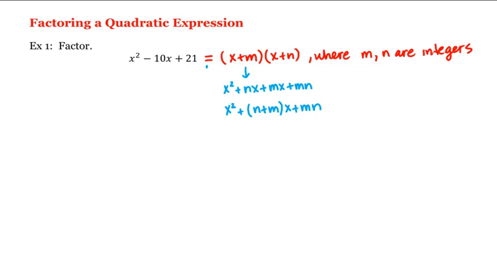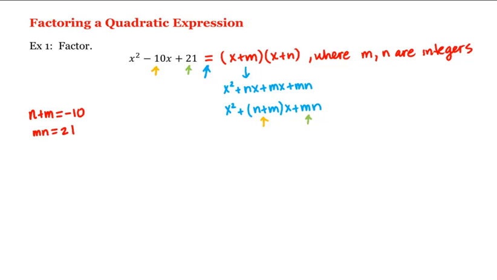So in order for this equality to hold, the coefficient of x on the left, namely negative 10, has to be equal to the coefficient of x on the right, n plus m, and then these constants, 21 and m times n, also have to be equal. That is, n plus m has to be equal to negative 10, and m times n is equal to 21.